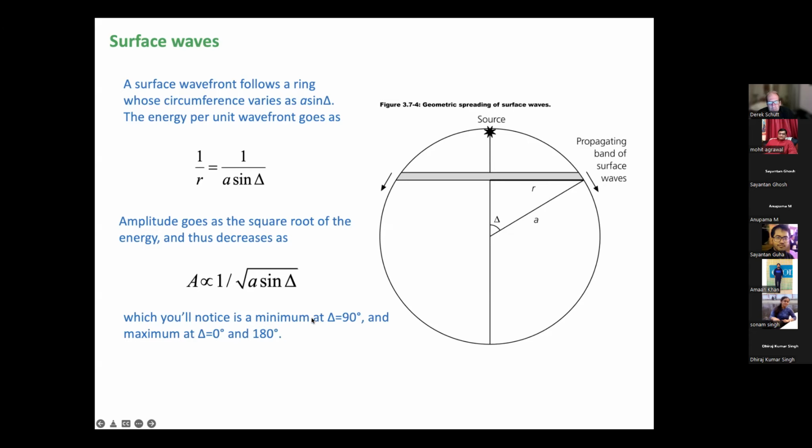This is a minimum at delta equals 90 and maximum at delta equals 0 and 180. So you're going to have amplitude maximized at the source and at the antipode of the source.